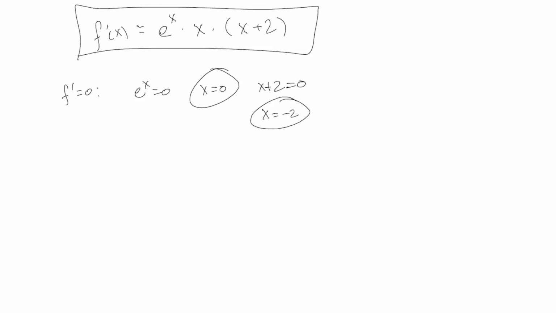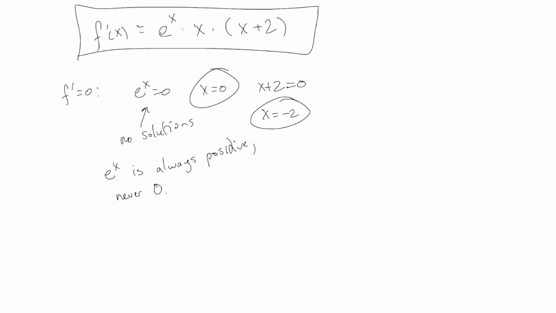What about e to the x equals 0? There was a special thing to remember about those. This right here, there are no solutions. That's because, I hope you remember this slogan, e to the x is always positive, never 0.